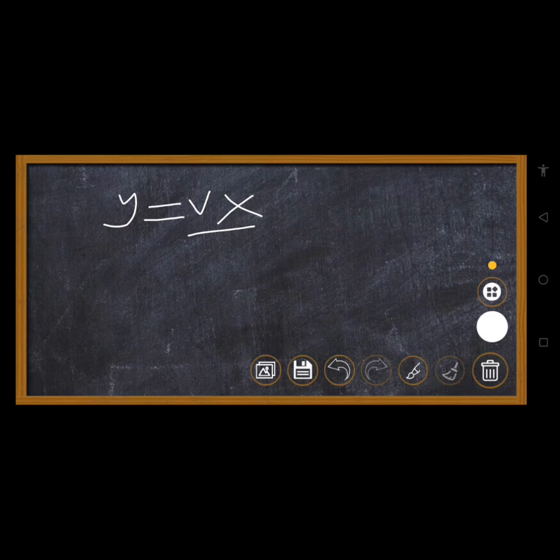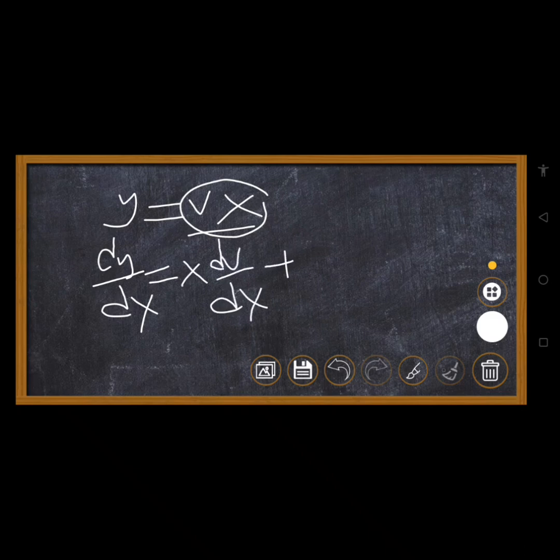So you differentiate this expression: dy over dx equals, using the product rule, x dv over dx plus, when we differentiate x, it's just 1, so we just have v.